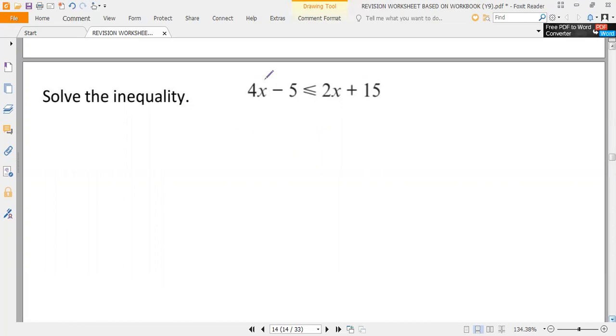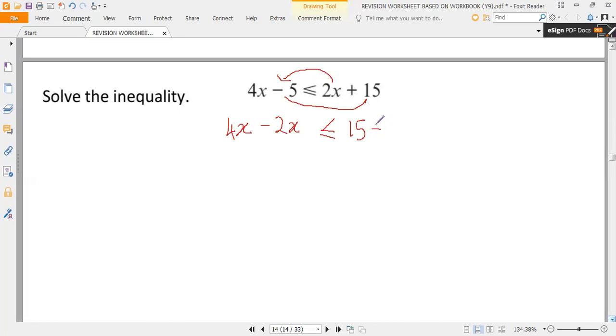First one, 4x, maintain 4x. Bring positive 2x to the front, make it minus 2x. Write the symbol. And originally it's a positive 15 here, rewrite it. And bring minus 5 to the opposite side.